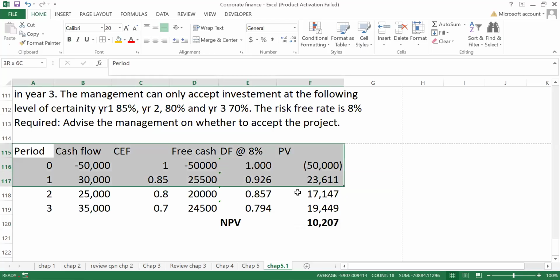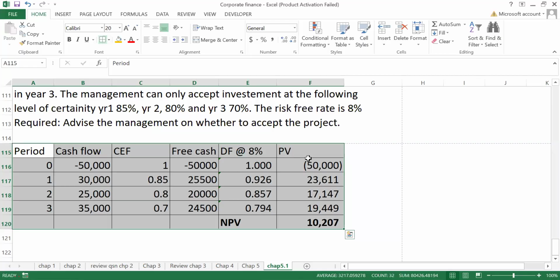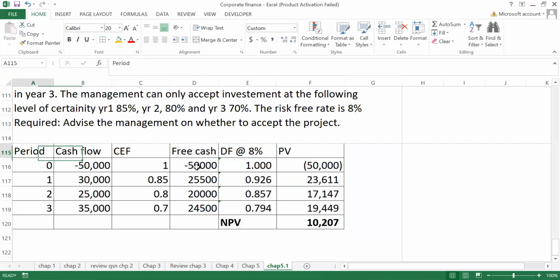What you need is to know the rules: first adjust your cash flows with the certainty equivalent factor, and after adjusting, discount the cash flows using the risk-free rate.